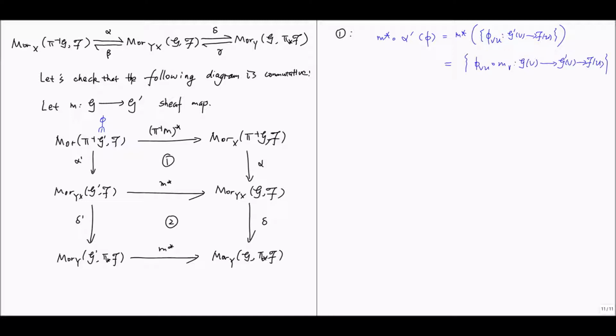Okay, so let's leave this alone for the moment and look at the other composition. This part will be the composition on the right, and alpha of this guy will be a compatible collection, and this is also a composition of 3 maps in the definition.